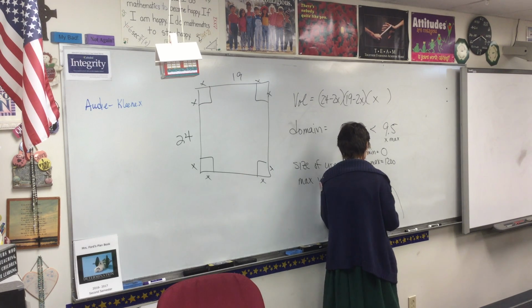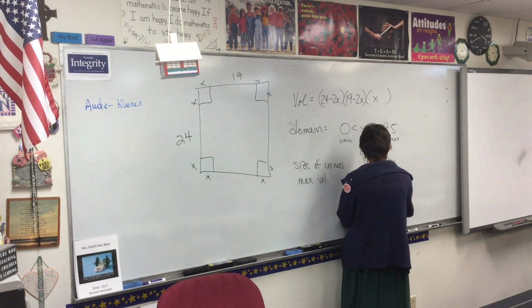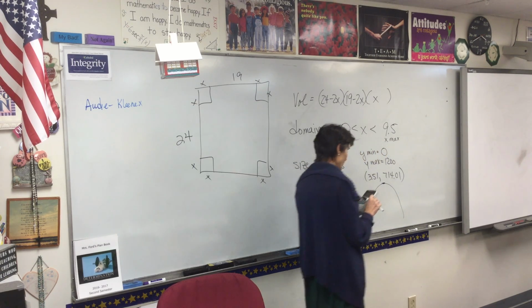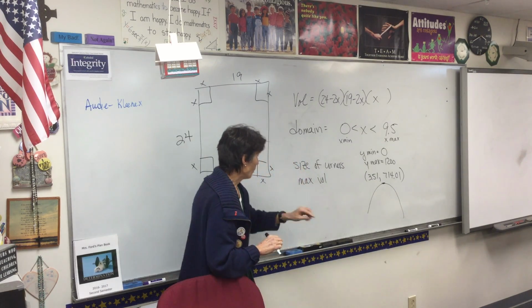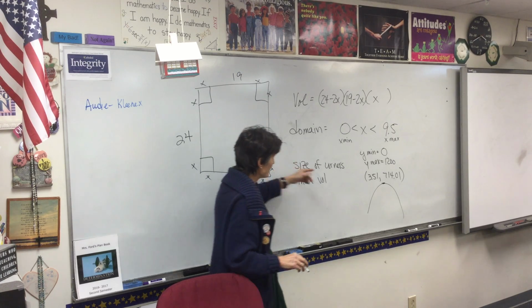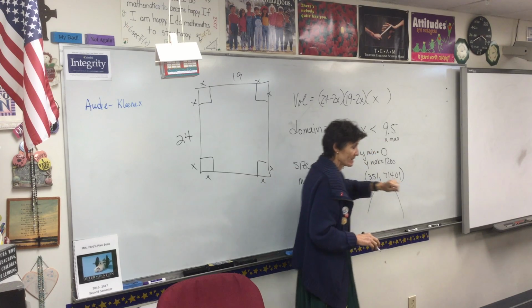Now I'll get a maximum point of 3.51, 714.01. So there is my maximum point. Now, depending on the question that's asked, either 3.51 will be the answer or 714 will be the answer.